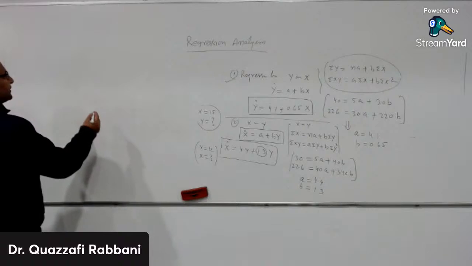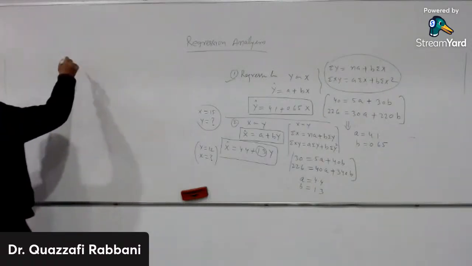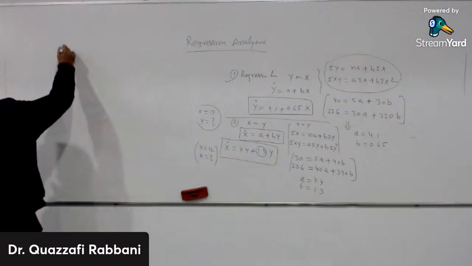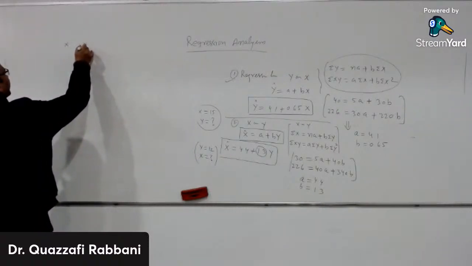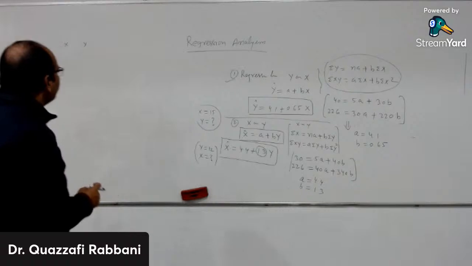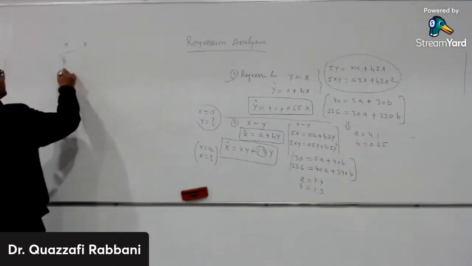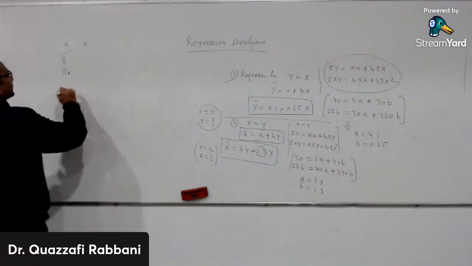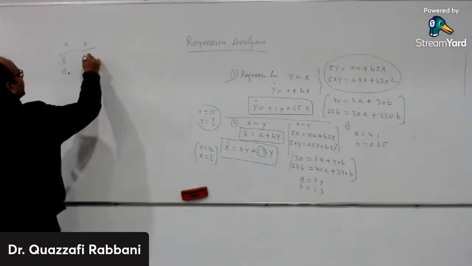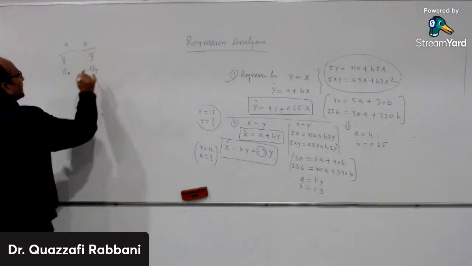Suppose we are given some information of two variables, x and y, and we don't have raw data. We are just given x bar, the standard deviation of x, y bar, the mean of y, and the standard deviation of y.